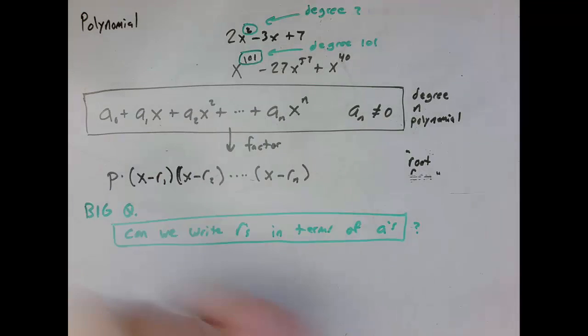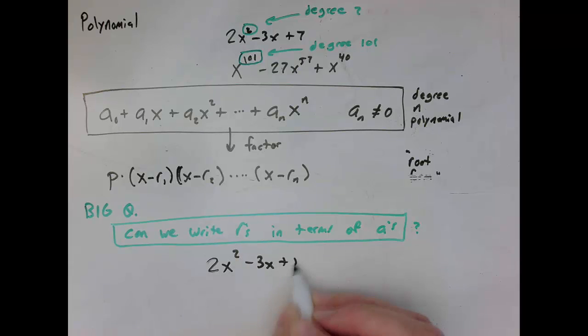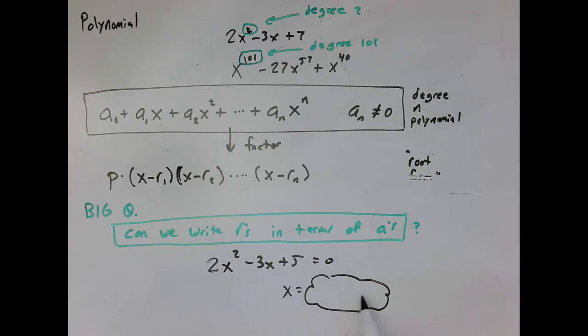And it may not be familiar to you in this form, but consider if I have like 2x squared minus 3x plus 5 equals 0. What the quadratic formula is telling you is how to figure out what the roots are, and the roots are all written in terms of this 2 and negative 3 and 5. So you're writing down the solutions to the equation based on the coefficients.